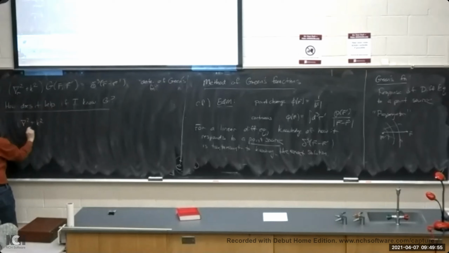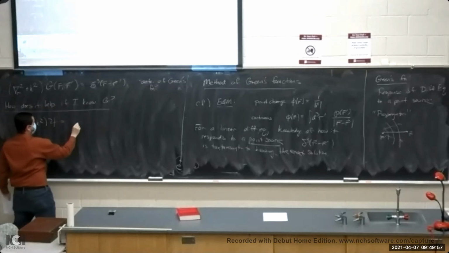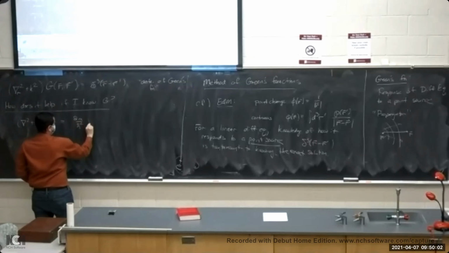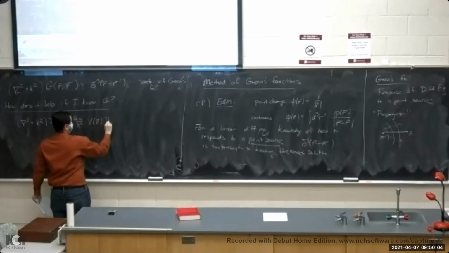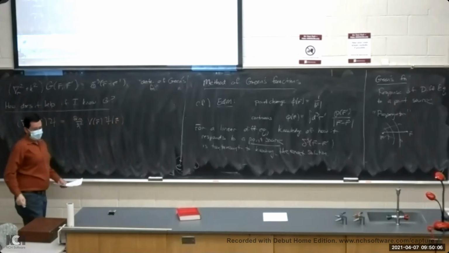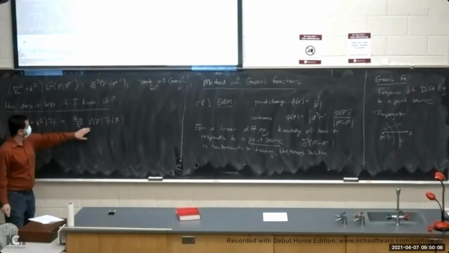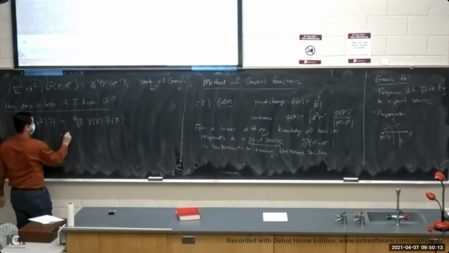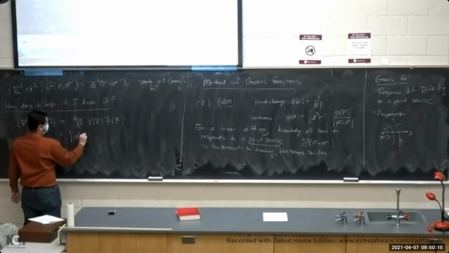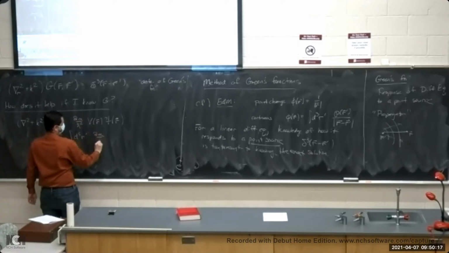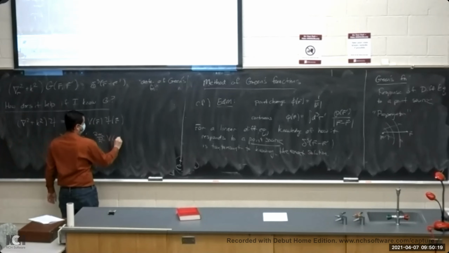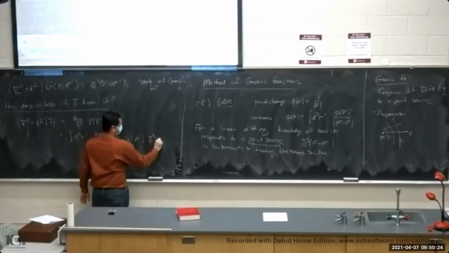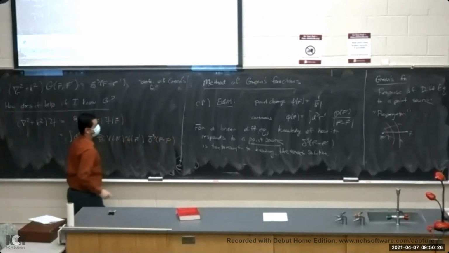Laplacian plus k squared psi equals, what were my constants? 2m over h bar squared V of r psi of r. I can introduce the Green's function by artificially starting with an integration over space and a delta function on the right-hand side: d3r prime, 2m over h bar squared V of r prime psi of r prime delta function r minus r prime.